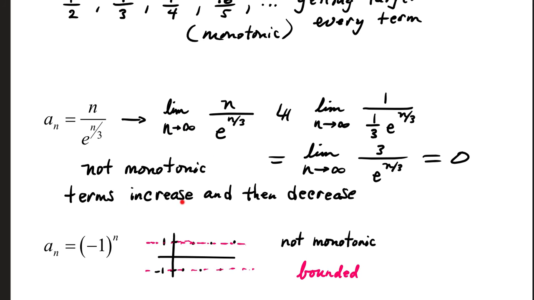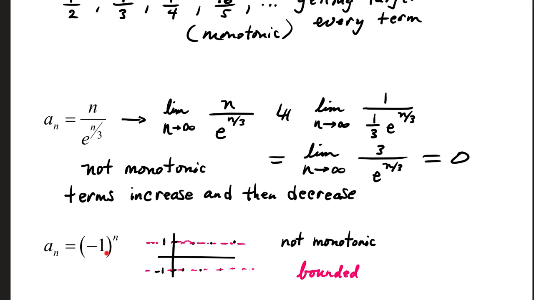So I made a note here that if you were to investigate, say, the first 5 or 6 terms of this sequence, at first your values start getting larger and larger, but you reach a point where they get smaller and smaller. Now, since it's not consistent one way or the other, not monotonic. But we do have a limit of 0, so that tells us that it's a convergent sequence.